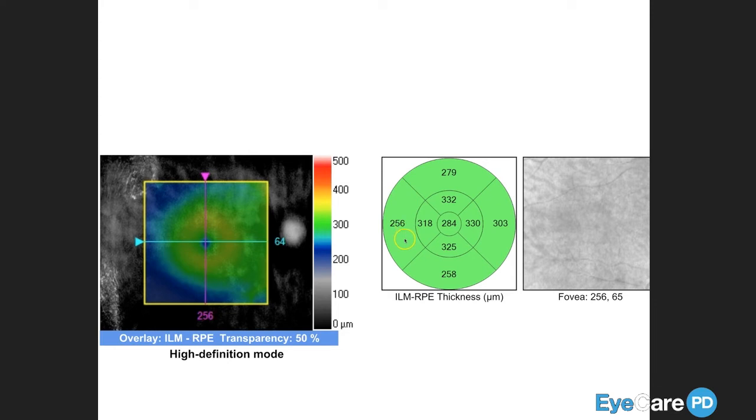This background color being green indicates that it's within normal limits. It's important to realize that this green in this statistical analysis has very little to do with the green here in the colorimetric analysis for the maps. I'm going to show you more what I mean in just a minute, but keep that in mind for just a moment. That green on the statistical map is different.